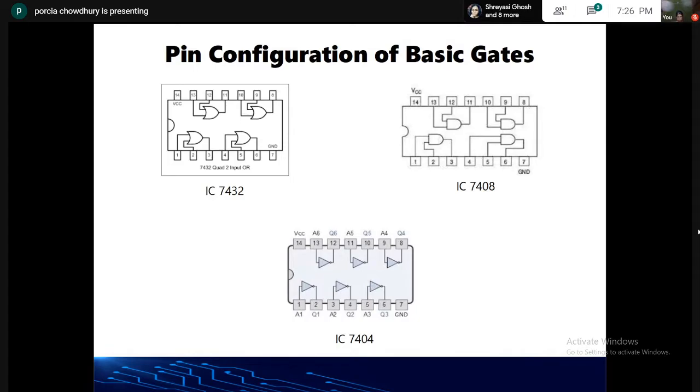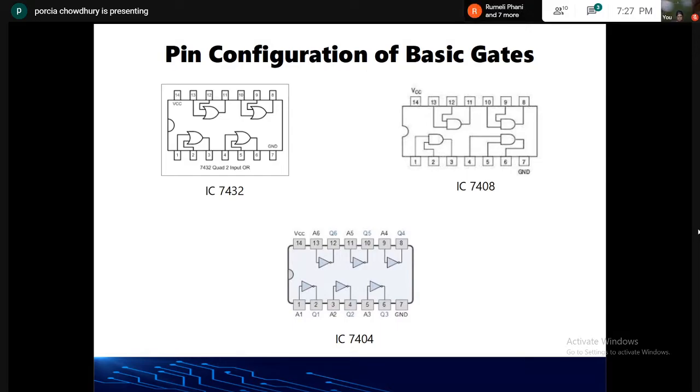Ma'am, I have a question. Does every chip have 14 legs only? No. For today's class, the chips we discuss have 14 legs. But later, the multiplexer, demultiplexer, encoder and decoder, which I told you earlier are examples of combinational circuits, have 16 legs.